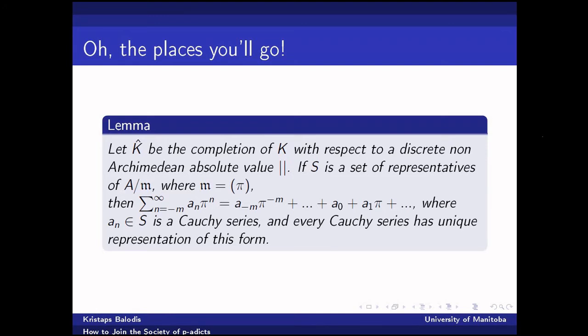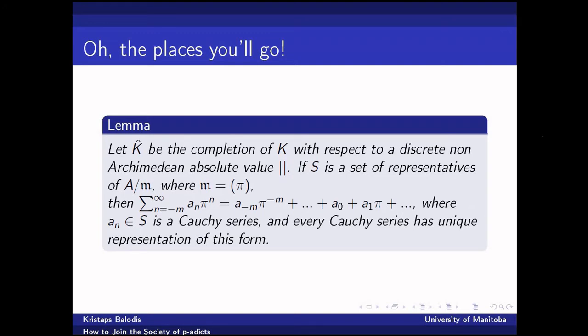So if we consider now the completion of our field with a non-Archimedean value, we consider k hat to be the completion with respect to that non-Archimedean value, and suppose that it's also discrete in this case.